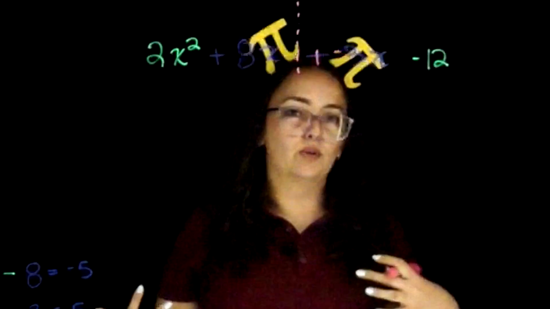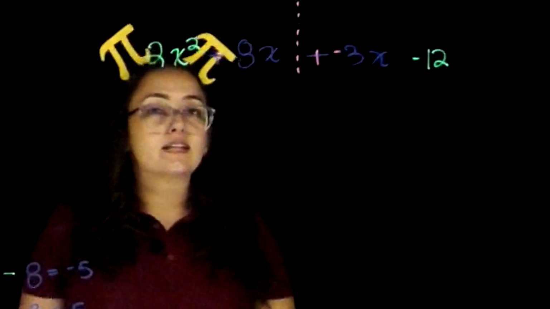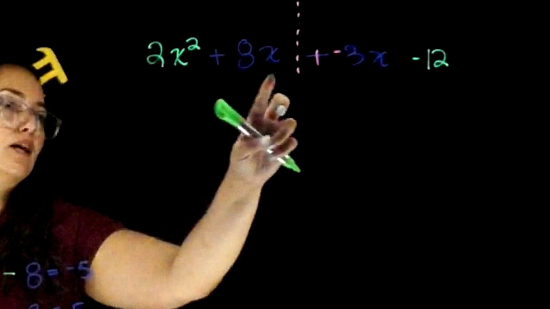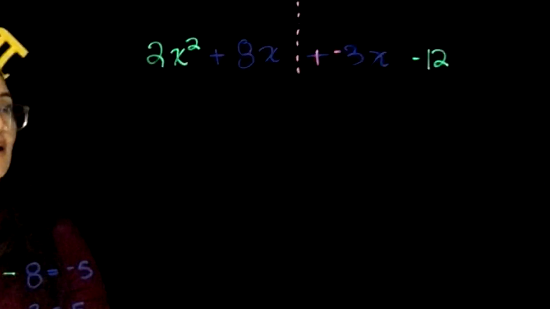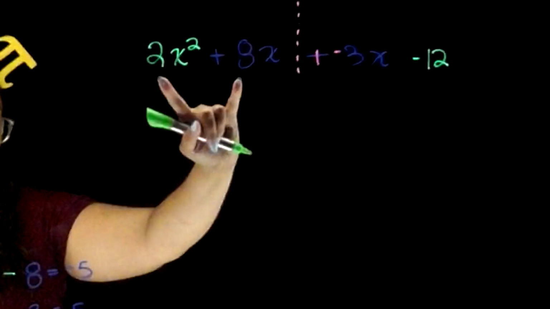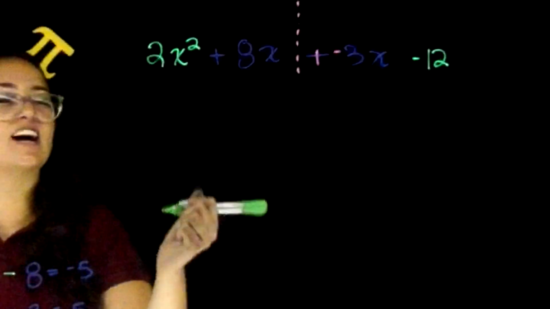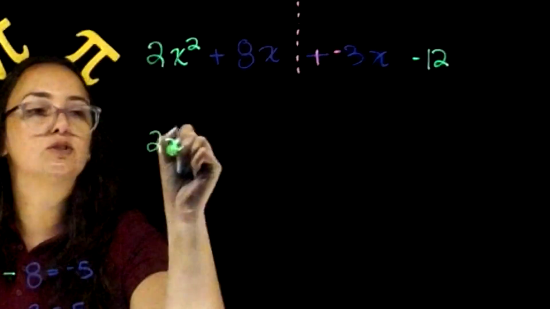That way it doesn't throw us off later. From here, I'm now ready to factor. I look at the first 2 terms, and I try to find a common factor there. I see both the 2 and the 8 share a factor of 2. The x squared and the x both share a factor of x. So I'm going to factor out a 2x.